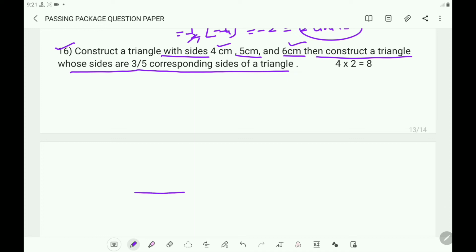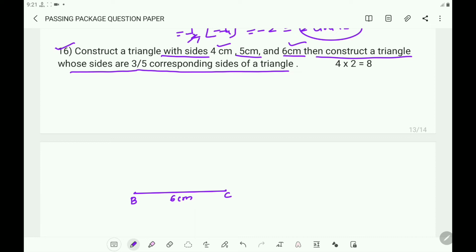So let us draw a line of 6 cm. You must draw this line with the help of the scale only. Measure a 6 centimeter line. And next you take the compass and you name it. Any name you can give here. So let us give, this is BC.